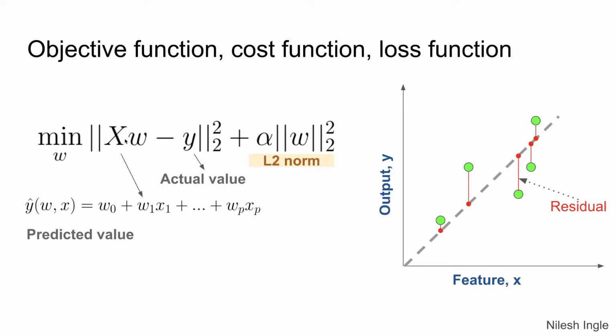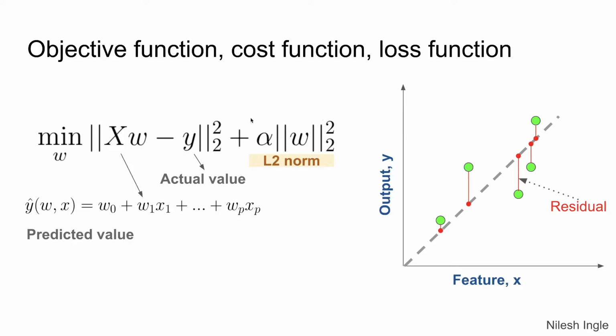What we are essentially doing is trying to find a line that best fits through this residual, such that the distance between the predicted values, which are here in red, and the actual values is as small as possible. So here the residual shown by the red line is represented by xw minus y, and these double lines indicate a norm, and we have the L2 norm in this case.